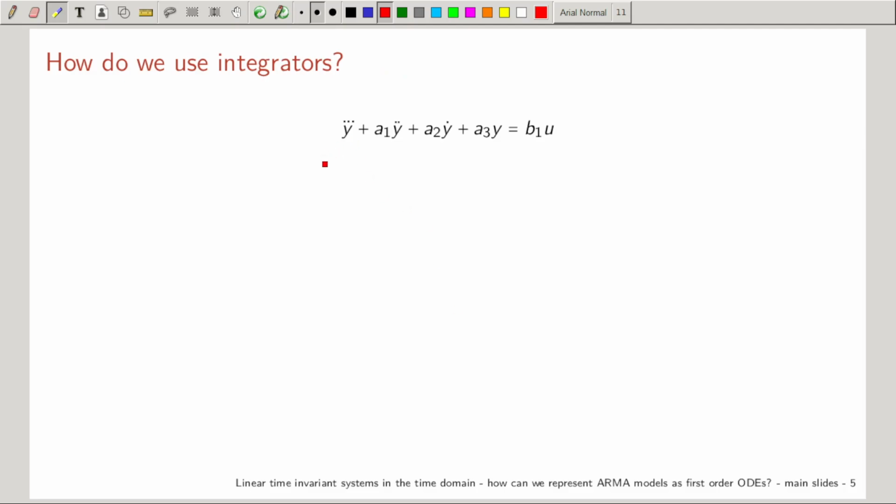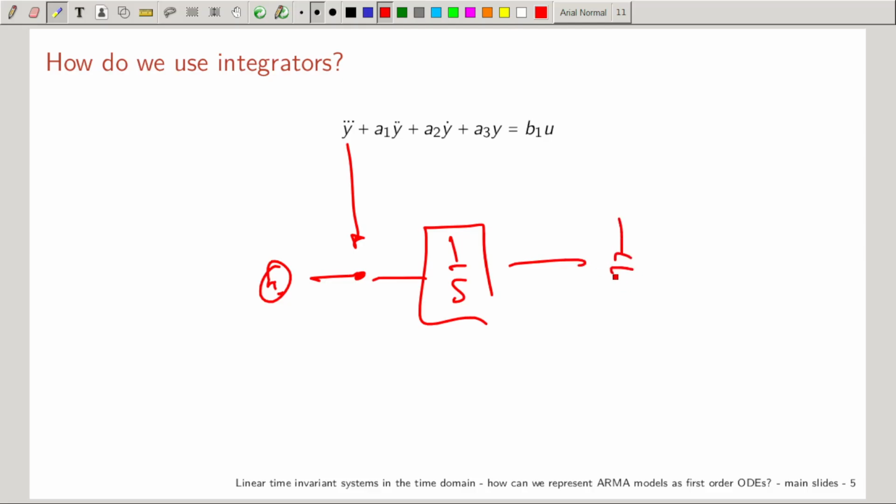That means that whenever I write this stuff as I was writing it before, I write it in a slightly different way. This one is the y three dots. It's going to be the sum of stuff, and then it's going to be 1 over s, 1 over s, 1 over s.